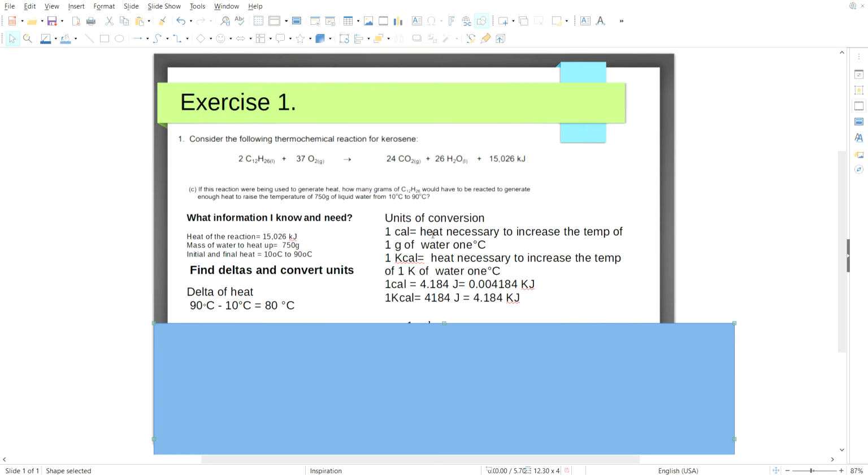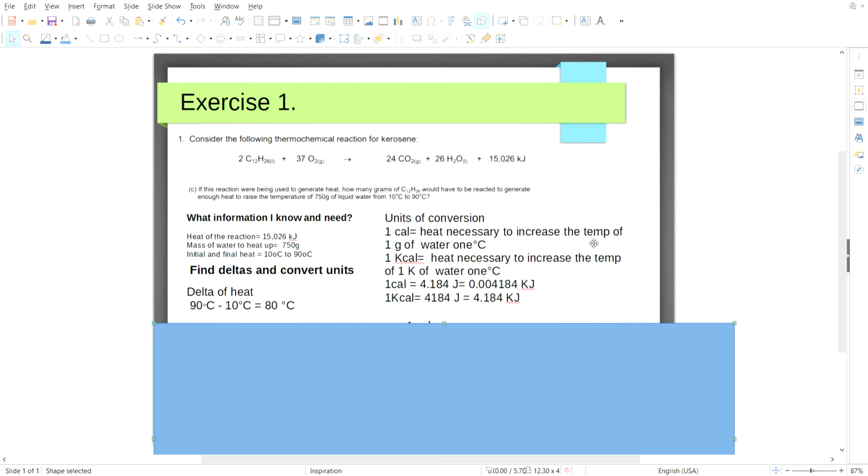Check, guys, that a calorie is basically the amount of energy necessary to increase the temperature of 1 gram of water 1 Celsius degree. It means that if you have just 1 milliliter of water, remember they are equivalent, you're going to need a particular amount of heat to heat it up from 30 to 31 Celsius degrees.